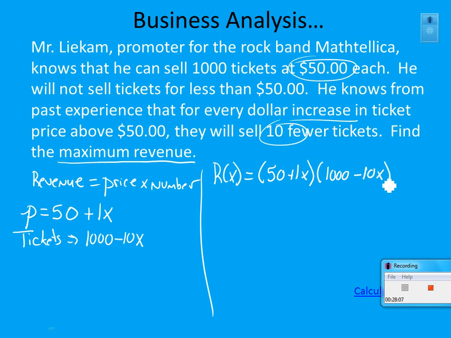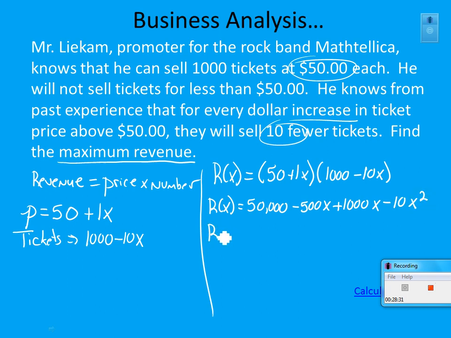You know where we're going from here. I need to FOIL this thing out. So I would get 50,000 minus 500x plus 1,000x minus 10x squared.